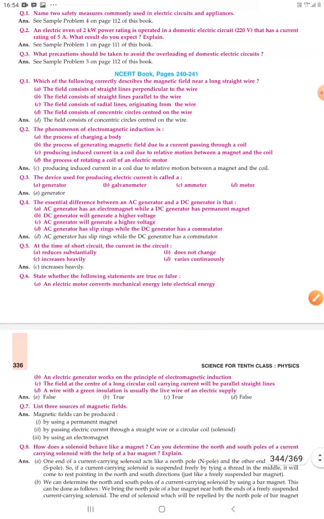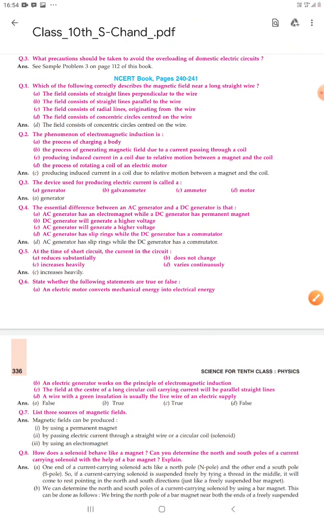Which of the following correctly describes the magnetic field near a long straight wire? We already studied about the magnetic field of a straight wire.